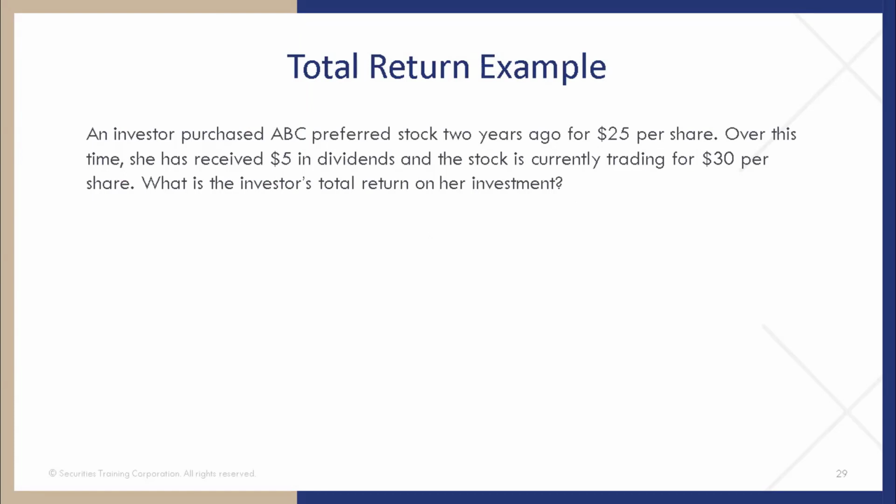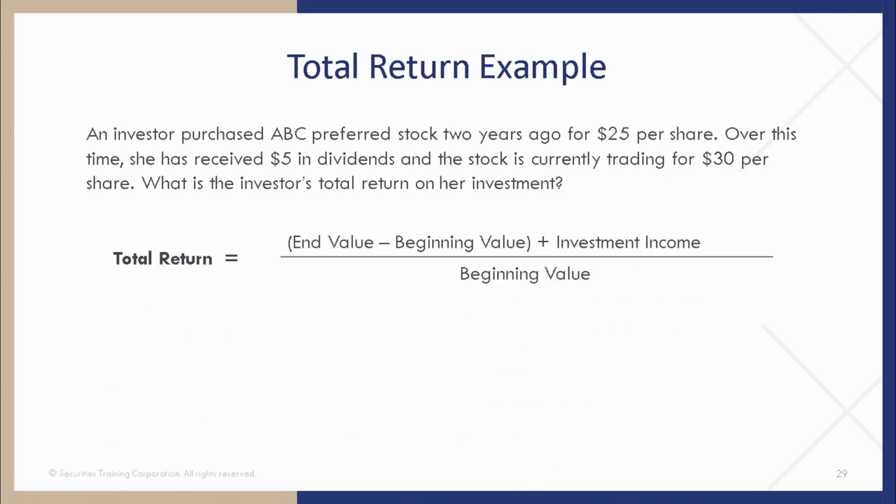Let's do an example. An investor purchased ABC preferred stock 2 years ago for $25 per share. Over this time, she's received $5 in dividends, and the stock is currently trading for $30 per share. What is this investor's total return on the investment? Let's not make this any more difficult than it is.